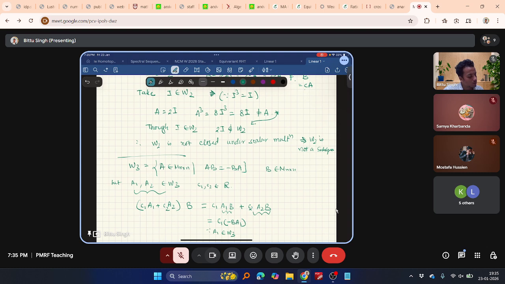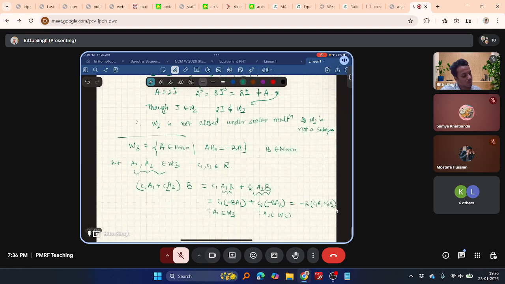Now what about A2 times B? Since A2 belongs to W3, this is the same as minus B times A2. Now we can take B common. So this is the same as minus B times (C1A1 plus C2A2).